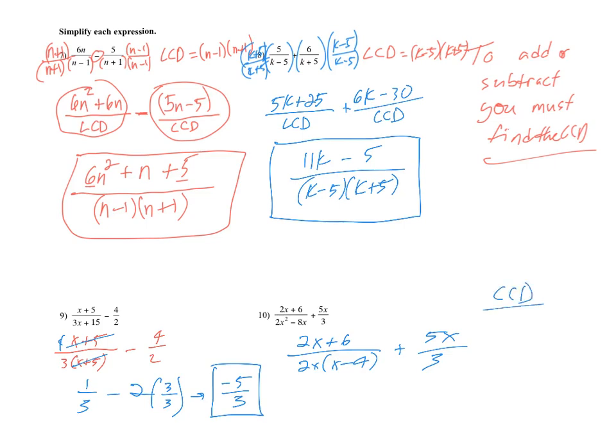LCD is going to be 3 times 2, which is 6x times x minus 4, or 2 times 3 times x minus 4. Okay, so in this first fraction, the only thing that's missing is a 3. In this guy, we're missing 2x times x minus 4.